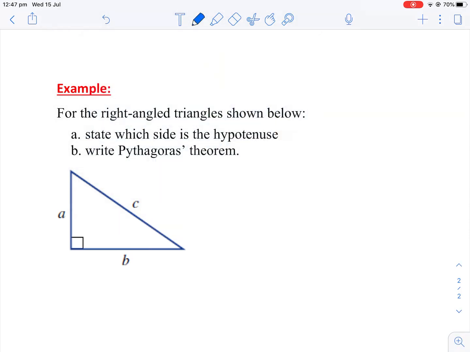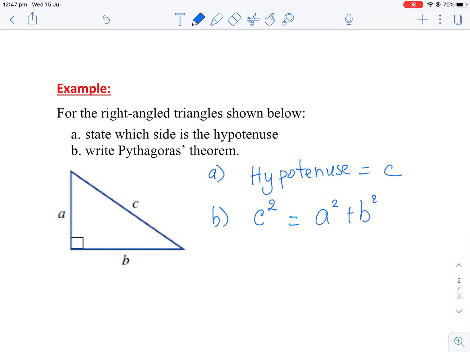Easily, we know that the hypotenuse is C. B: write Pythagoras theorem for this right angle triangle. We know that the Pythagoras theorem is the hypotenuse square equals the sum of the squares of the two side lengths. So it equals A square plus B square.